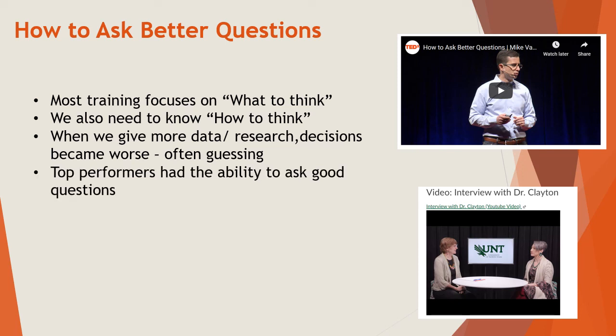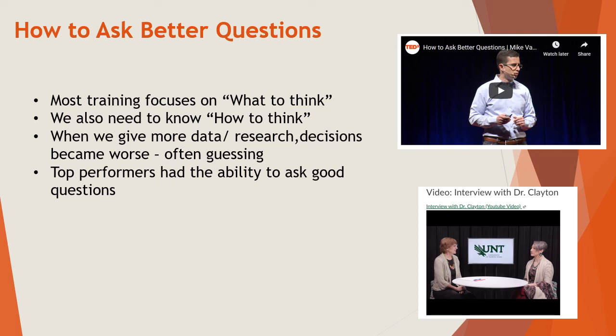And he suggests that when they did some of their own research to figure out how to help people move from basic questioning to good questioning, they tried a lot of things and it really wasn't helping them, and so they decided to look at top performers to see what they did.